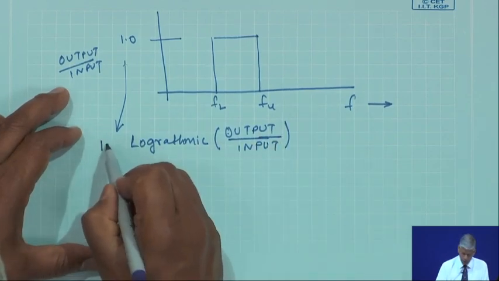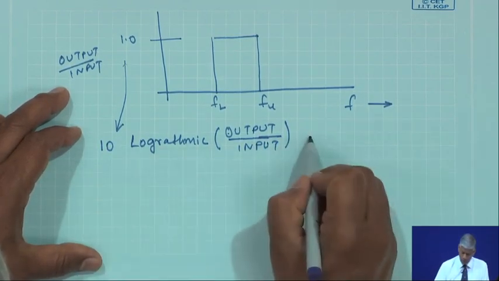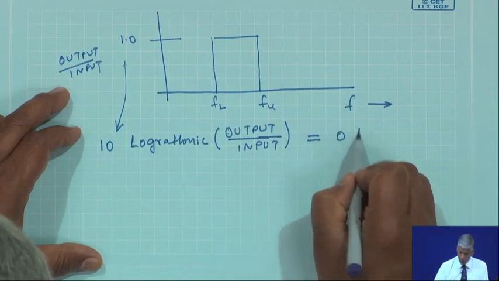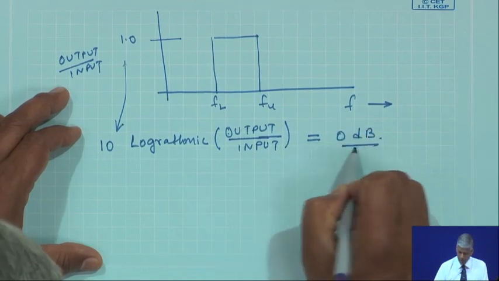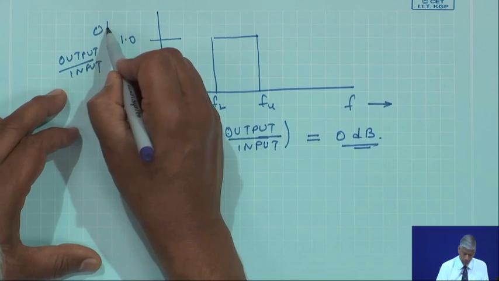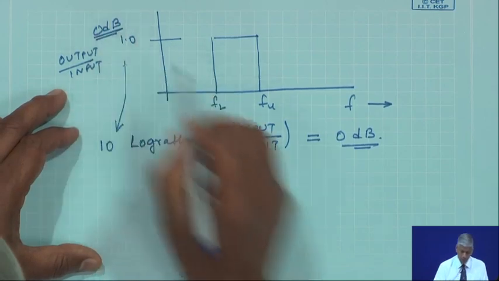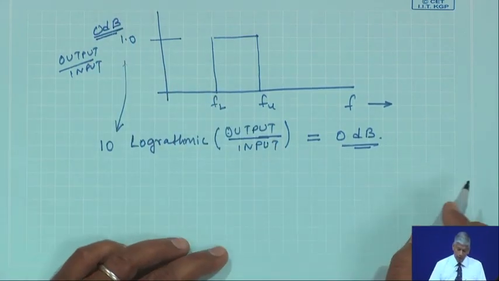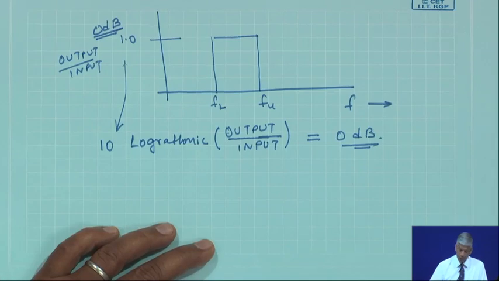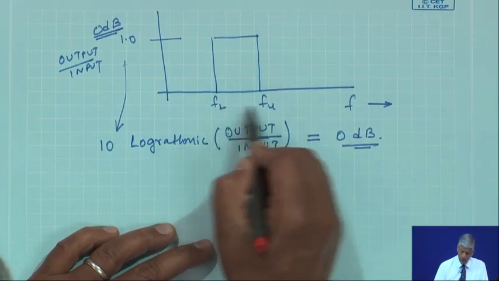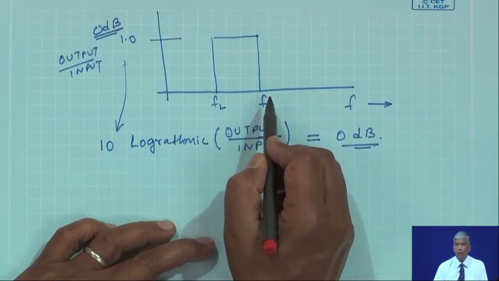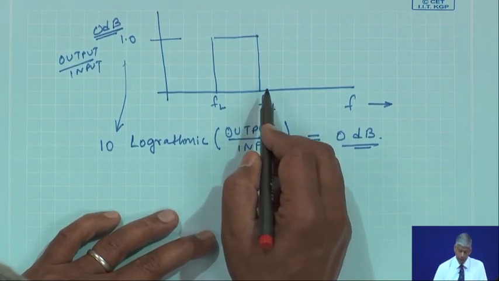So, this will be 0 dB. Obviously, this FL and FU are decided by the combination of R and C.